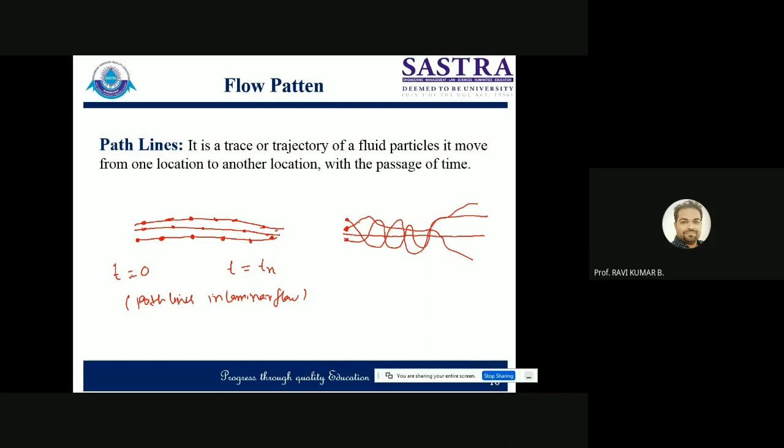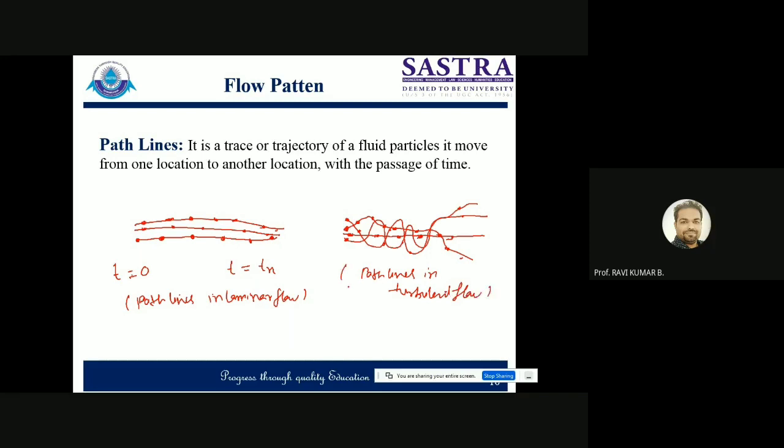If I take the same particle, the trace of a single particle as it moves from one location to another, first it went like this, in a horizontal line, while other particles are moving in a zigzag. If you are visualizing this kind of flow pattern, that is nothing but path lines in turbulent flow.